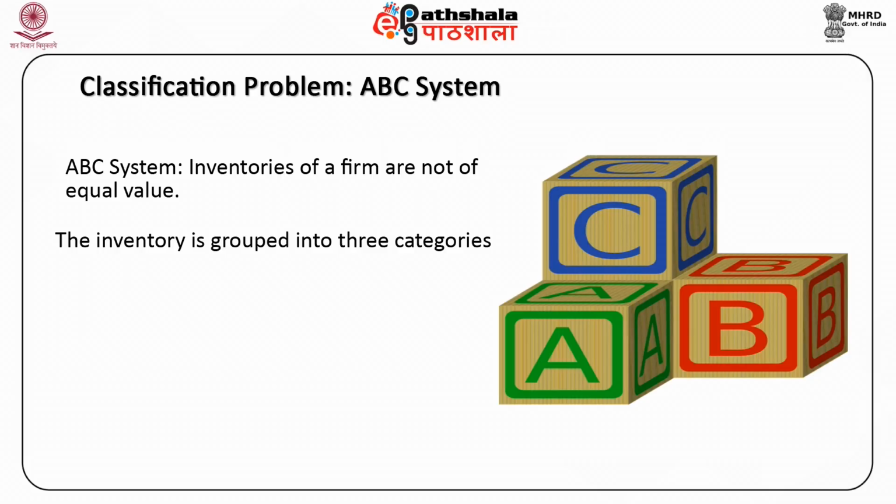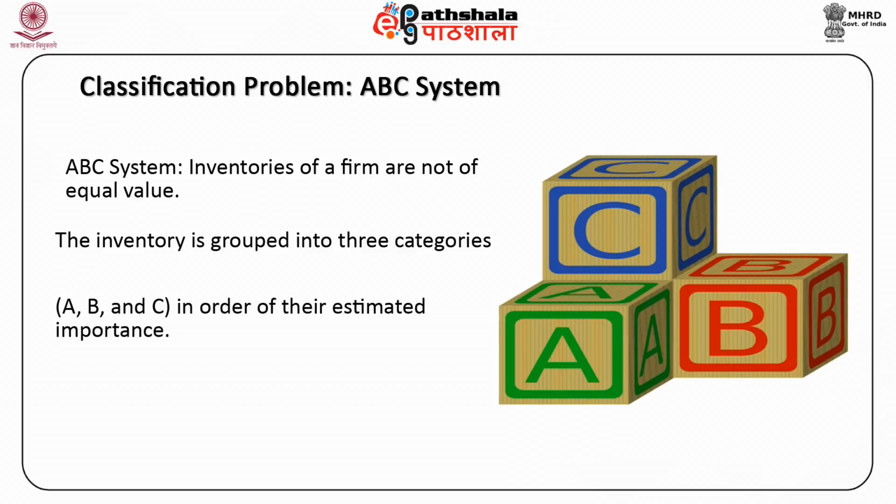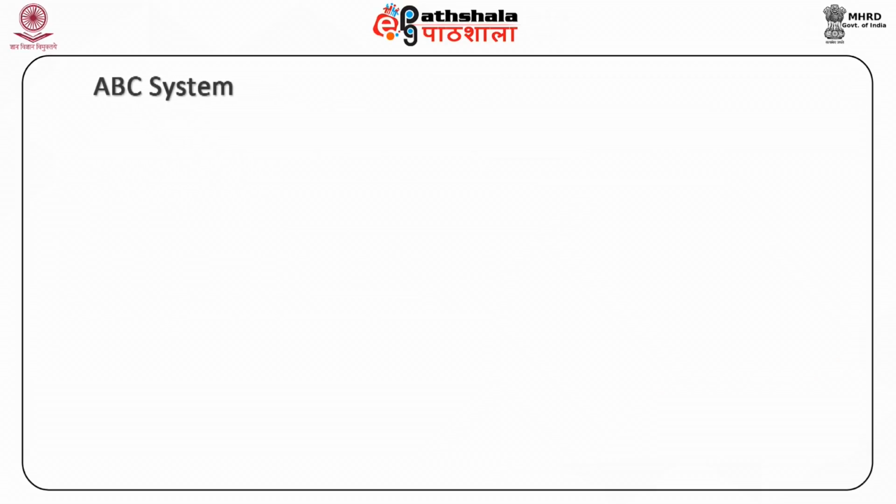Thus, the inventory is grouped into three categories A, B, and C in order of their estimated importance. The ABC system categorizes the items as follows.